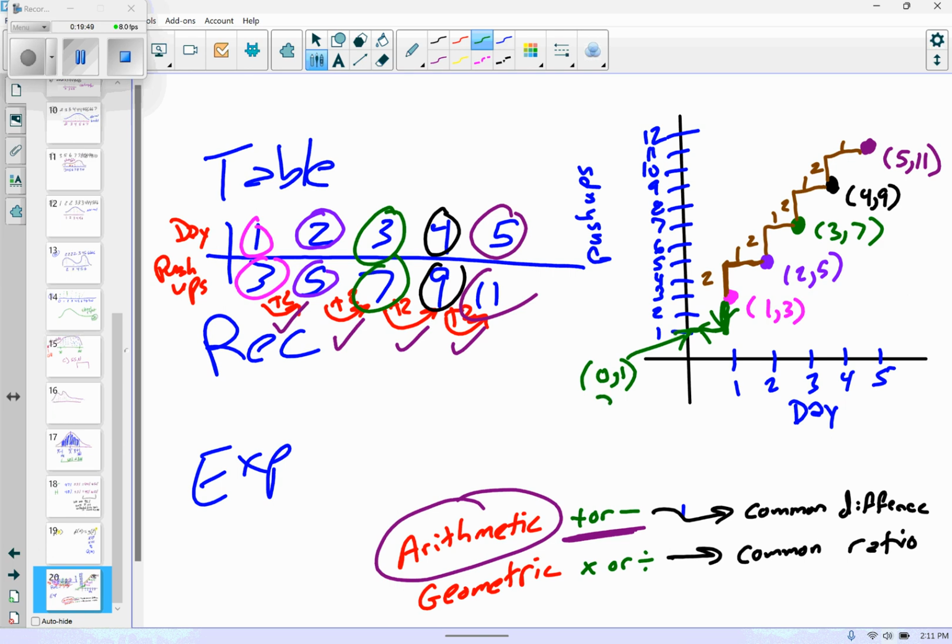So I have a question. What does 0, 1 mean in the context of this problem? What does 0, 1 mean? 0 days. So, okay. So at day 0, push-up.